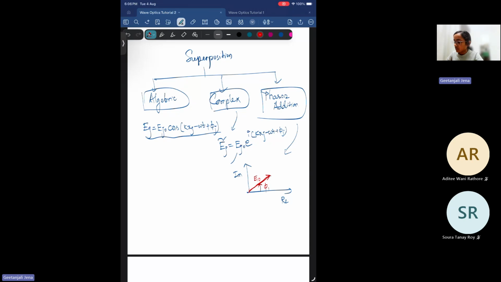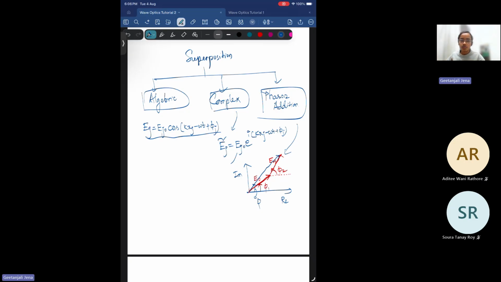For the second wave, we take the horizontal and rotate it anticlockwise according to the phase phi 2. Then we draw the amplitude of the second wave. The resultant will be the arrow from E1 to E2, and this is the angle phi for this composite wave.